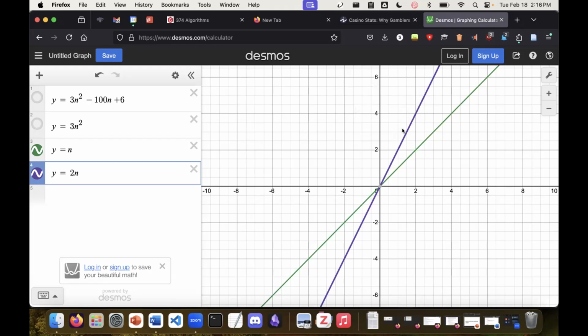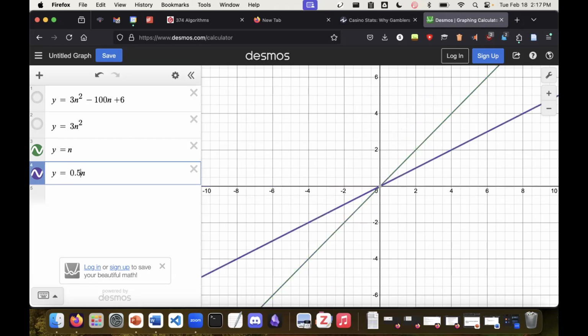So we can say 2 is our constant and our big O is O of n. This is mostly guess and check. If we want to look for a lower bound, maybe 0.5, and that gives us a lower bound on every value of n for n greater than 0.